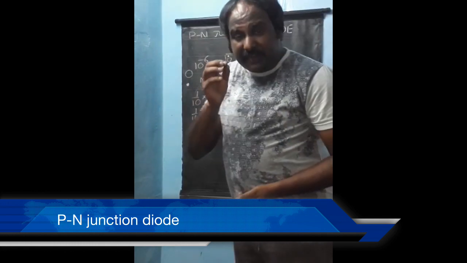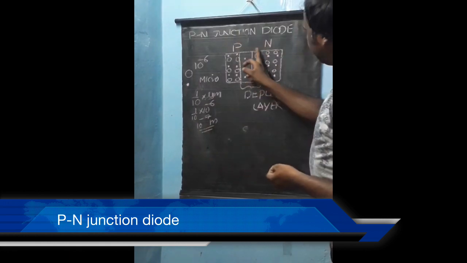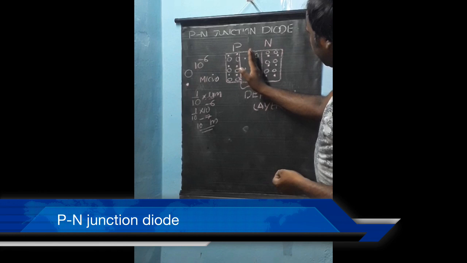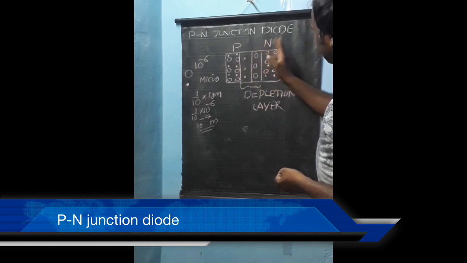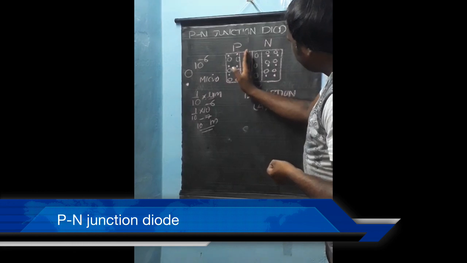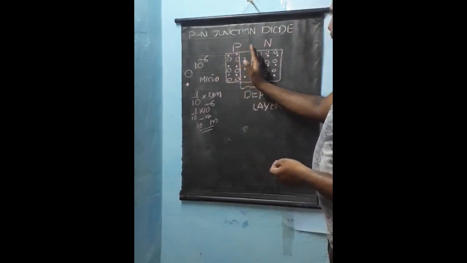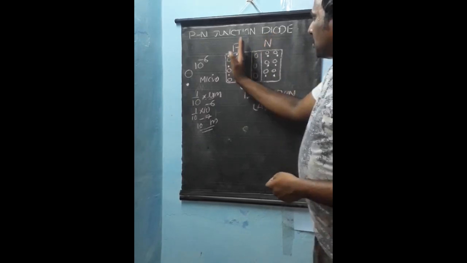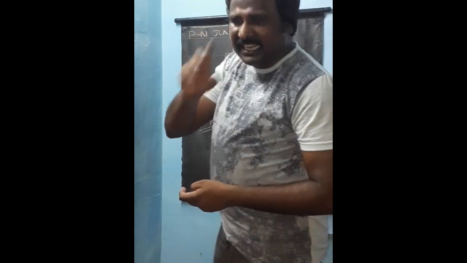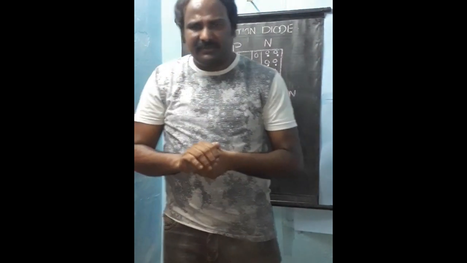If you look carefully at the depletion layer, holes are present nearer to the N region and electrons are present nearer to the P region. So in the depletion layer, both holes and electrons are present.